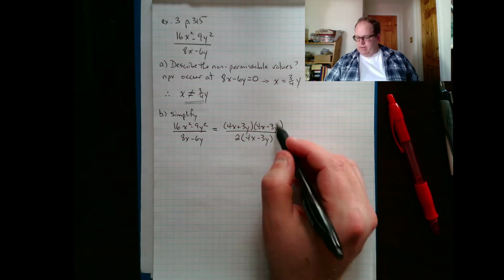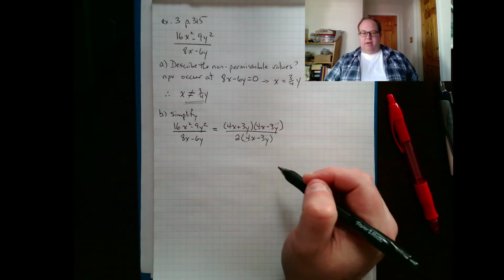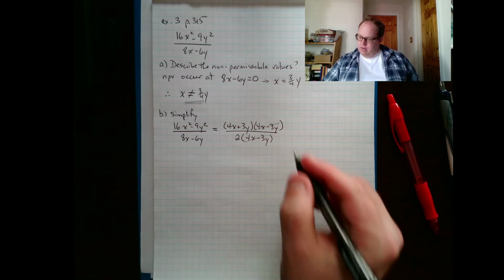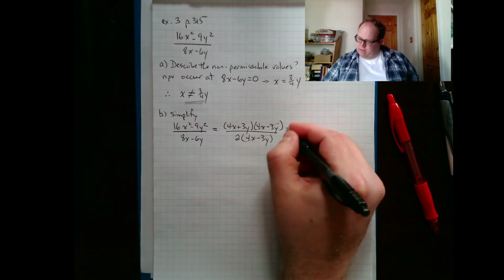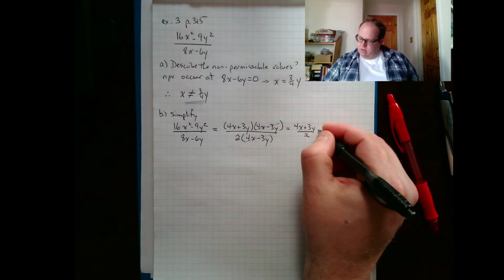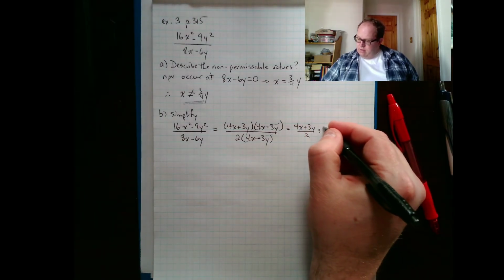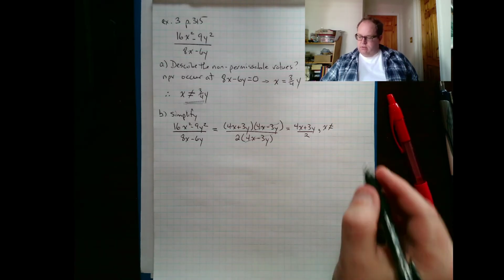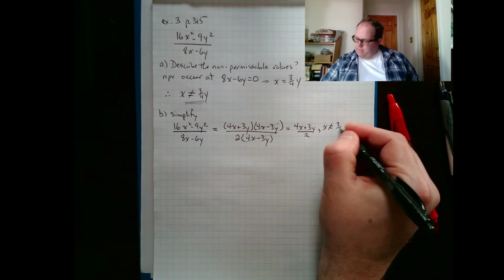So 4x minus 3y divided by 4x minus 3y would equal 1, and this expression is equivalent to 4x plus 3y over 2, so long as x does not equal 3/4 of y.